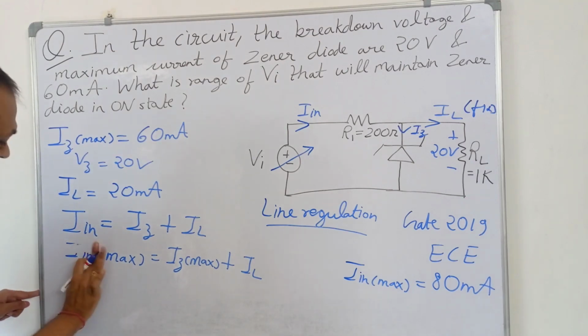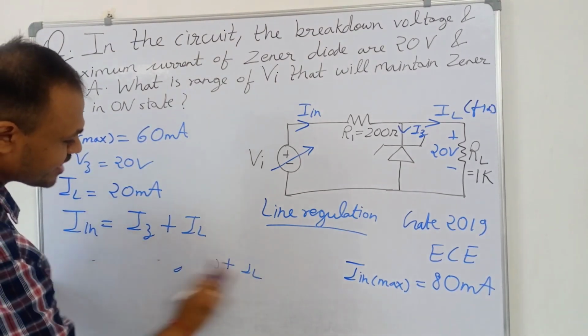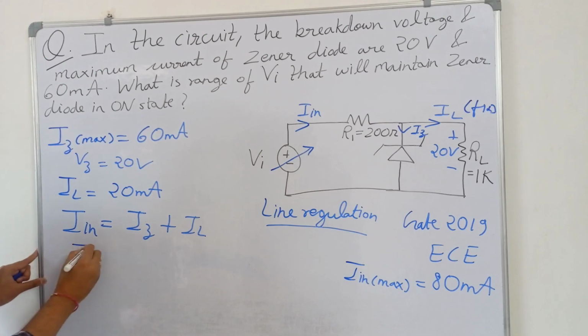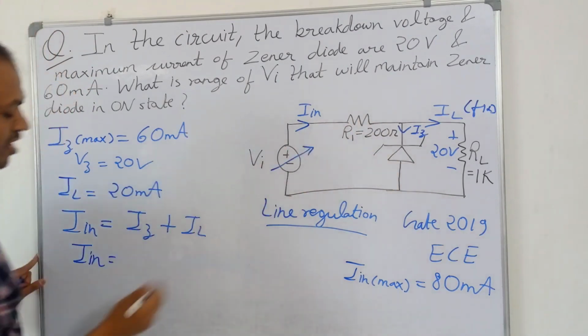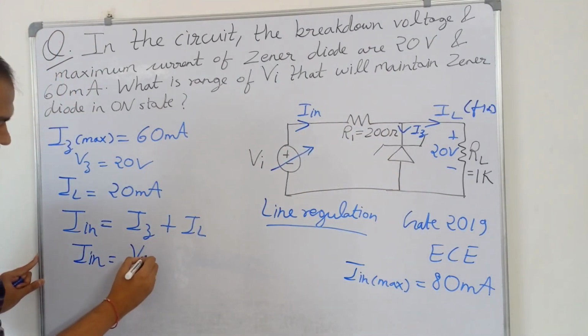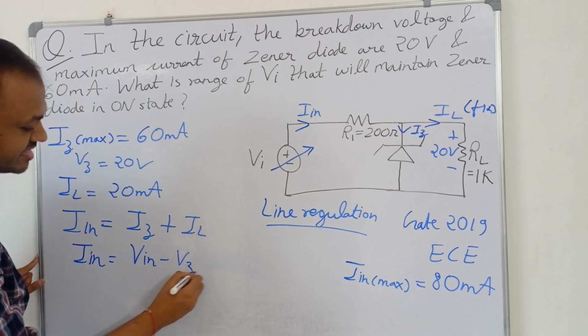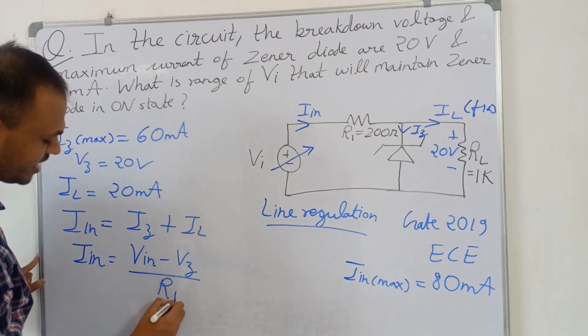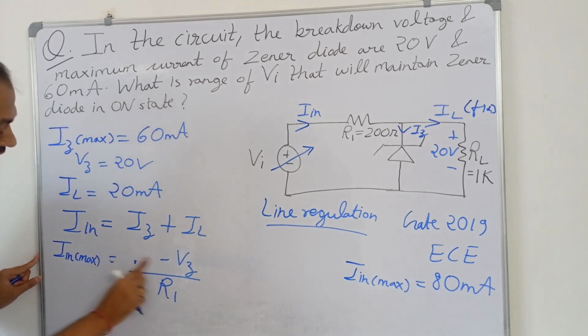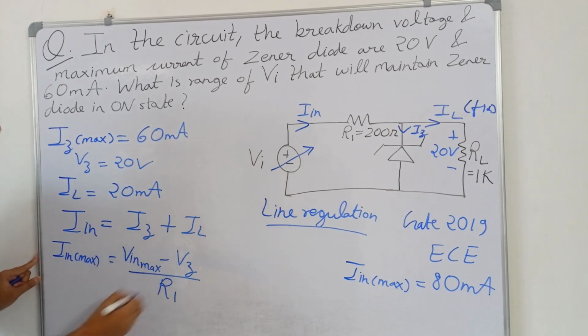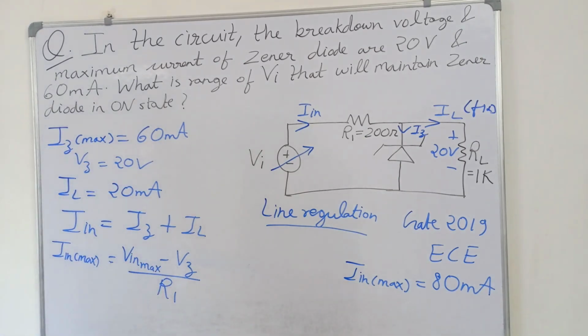For Iin we can write another equation like this: Vin minus Vz upon R1. So if Iin is maximum, it will be equal to Vin maximum minus Vz upon R1.